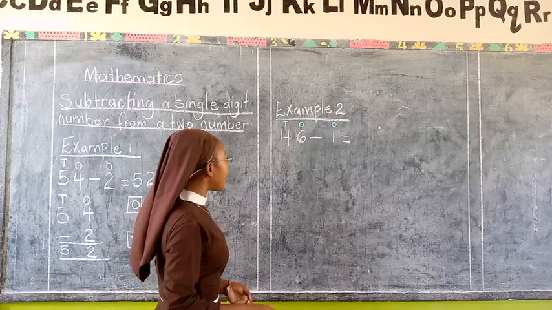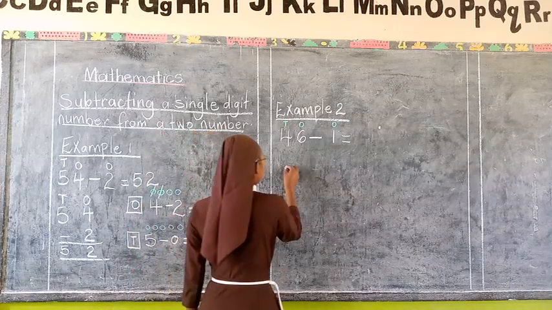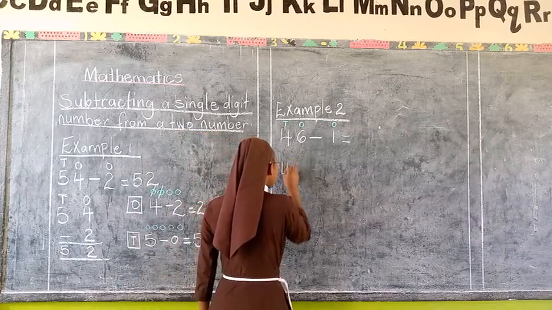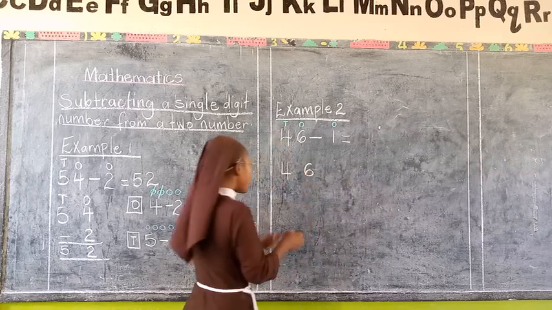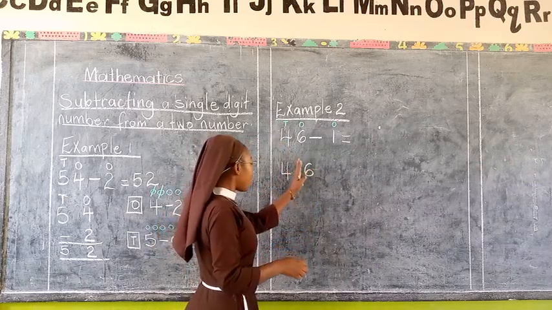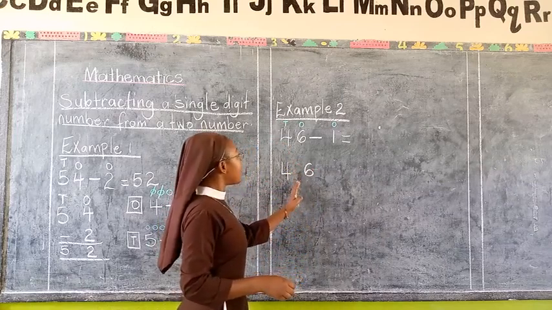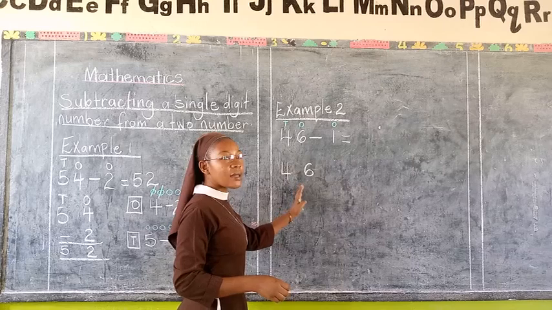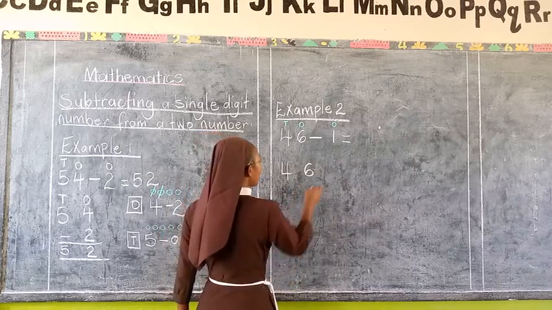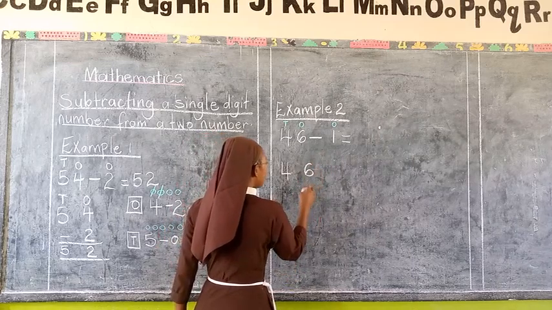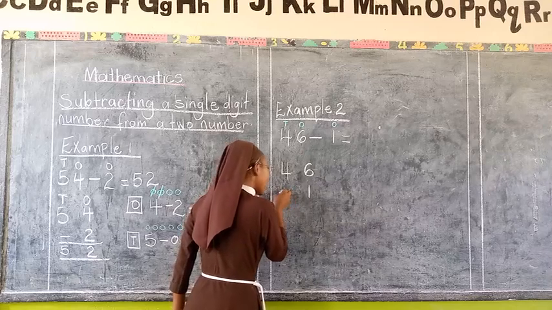Now let us organize or arrange these digits according to their place values. We write 46. When we are writing these numbers, we are supposed to leave a space in between so that when we are subtracting, we don't mix them up. So we shall write 1 under the ones place value, and we write our subtraction sign.